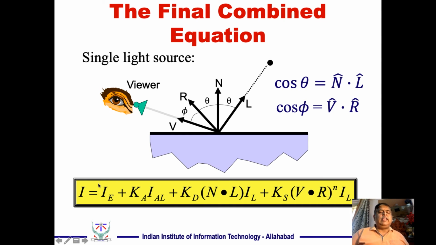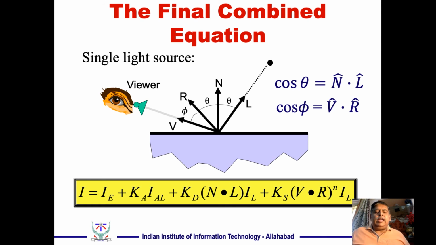It is one and the same. So here I have I is equal to IE plus the ambient term Ka times IAL, where Ka is the ambient property of the surface and IAL is the ambient light.